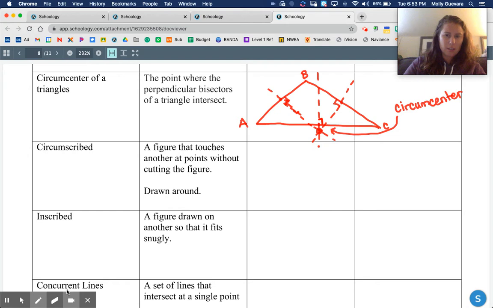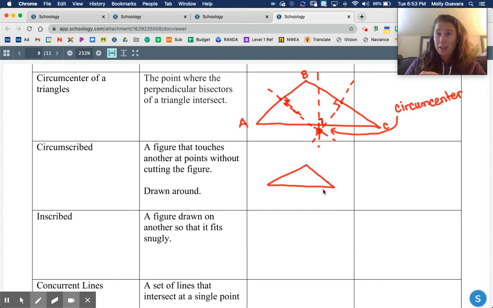The next term that we have is circumscribed. So this is when a figure touches another at points without cutting the figure. So it's basically drawn around. So I'm going to draw a really tiny triangle here. And I can draw a circle around this triangle that doesn't cut through the triangle at all.